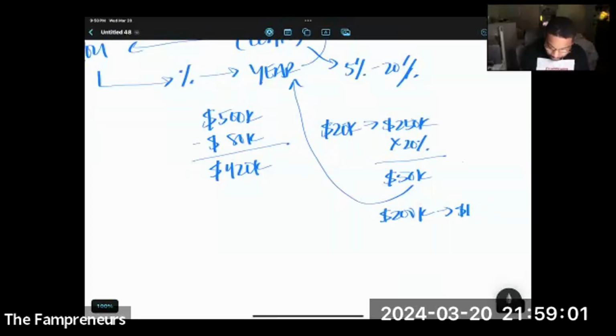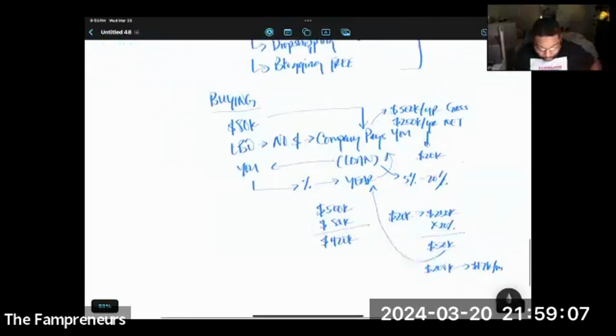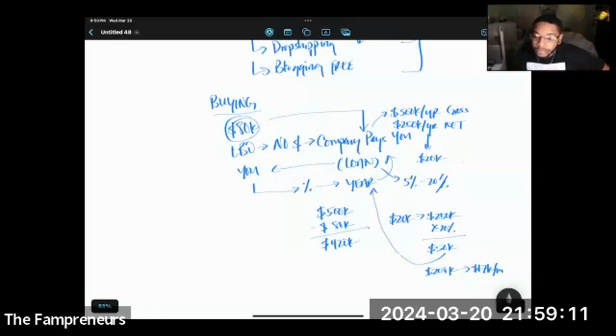I'm going to round up to $17,000 per month, all because you invested $80,000. This is the real play, y'all. I know it's a lot of numbers, but this is how business works when it comes to buying, right? And this is the very beginner's level of understanding this, right?